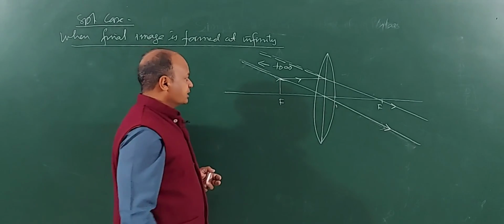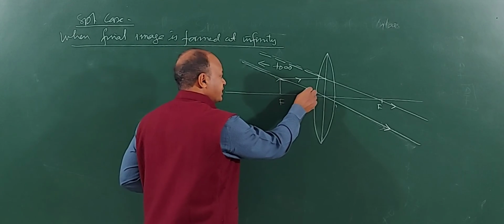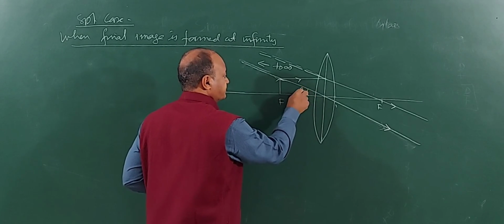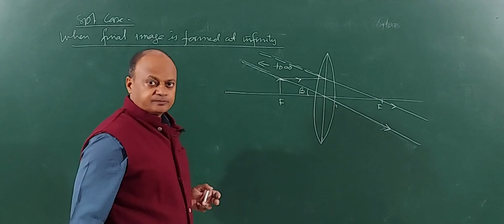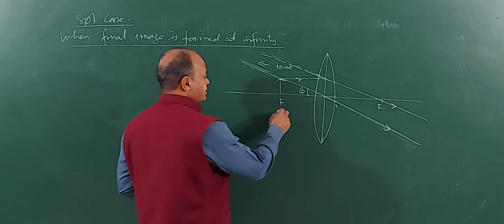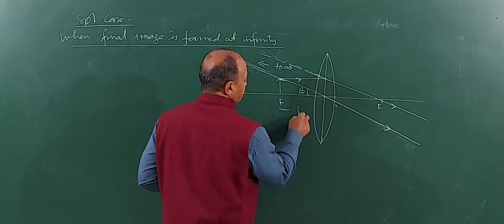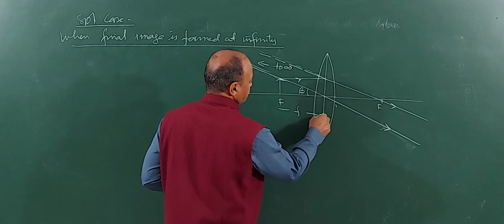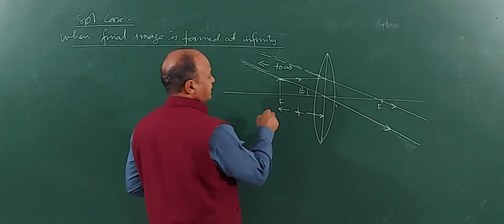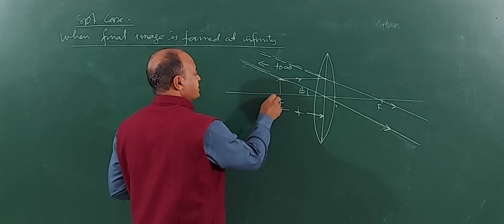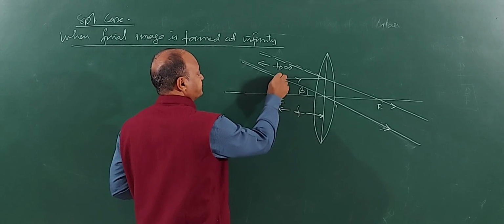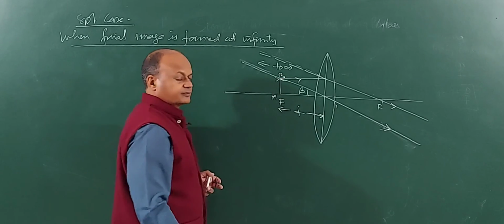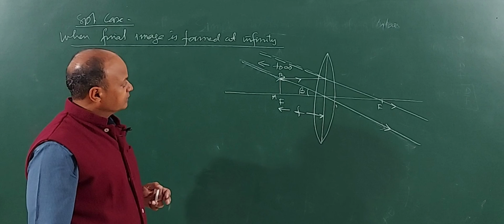So children, if the image comes at infinity, what angle is it subtending? Beta. And how much is the distance? This is equal to the focal length. Let me say the object is EB. Clear?